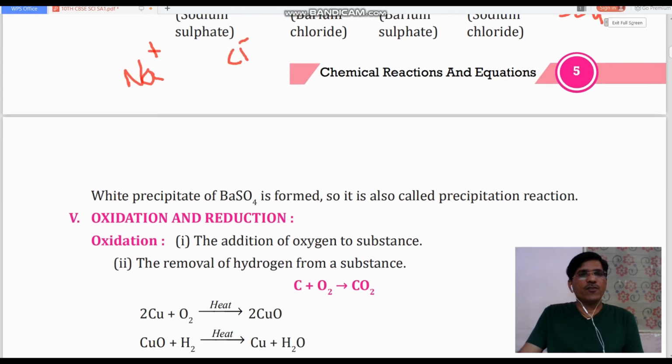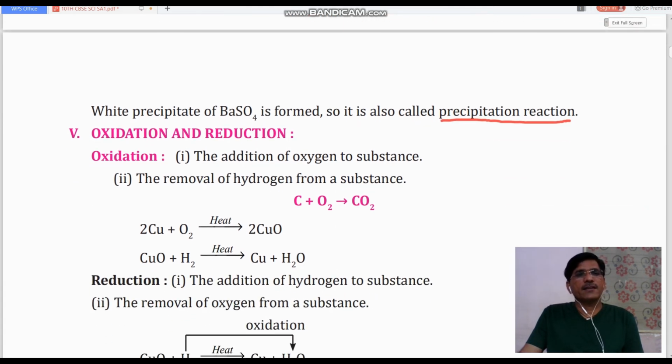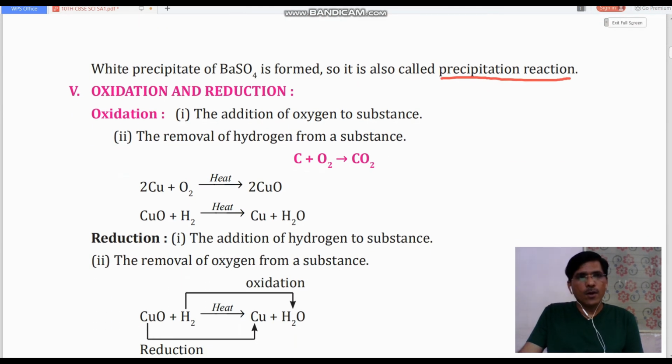When a precipitate of barium sulfate is formed, it is also called a precipitation reaction. Another name for double displacement reaction is precipitation reaction. Now oxidation and reduction. We already understood this in the 8th standard CBSE book. What is the meaning of oxidation?